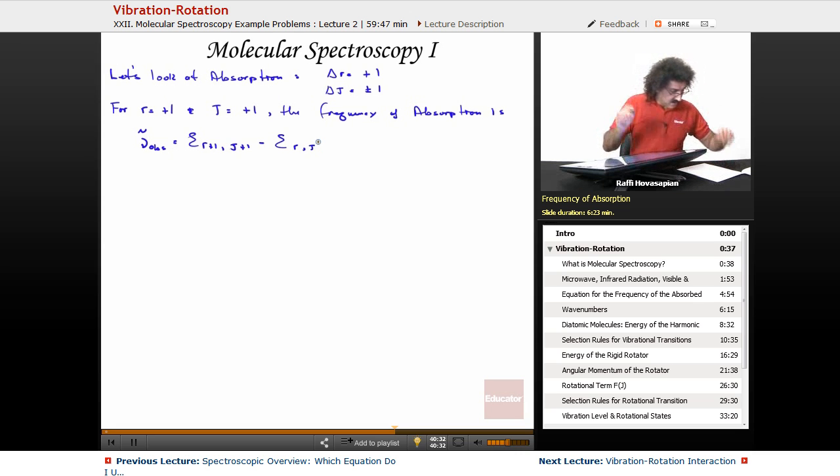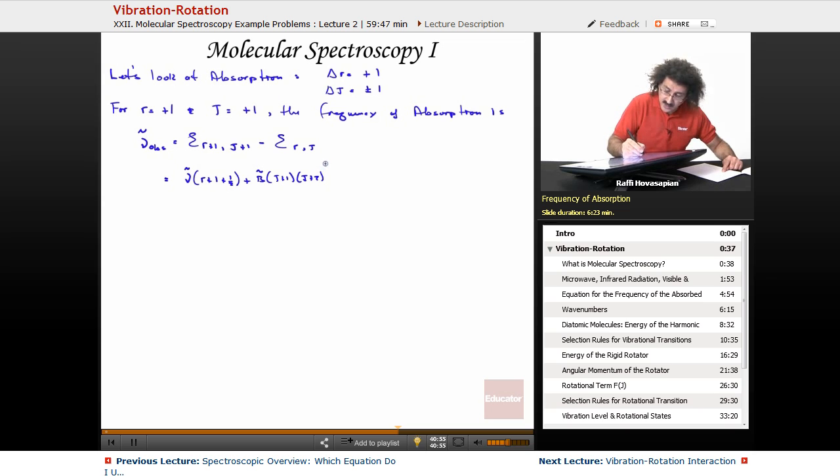Okay, so now let's go ahead and do the mathematics here. This is going to equal this energy term minus this. So what we're going to have is nu tilde times R plus 1 plus 1/2 plus B tilde times J plus 1 times J plus 2.